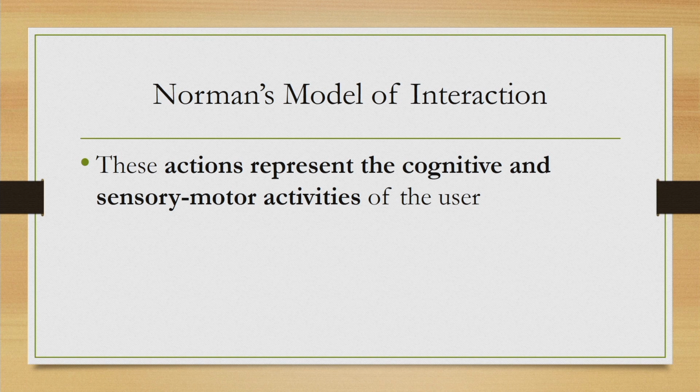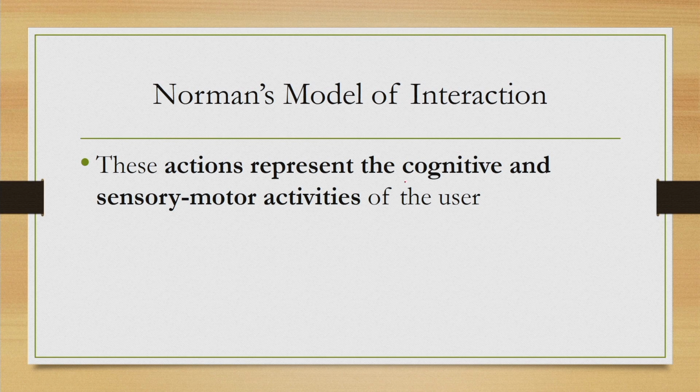What these actions mean? Now, if you can recollect, when we talked of an interactive system, we talked of a combined entity, both user and computer together. Now, these actions essentially refer to the cognitive and sensory motor activities of the user. So, this model actually helps us in a way to represent these activities that are part of the users rather than that are done by the computer.